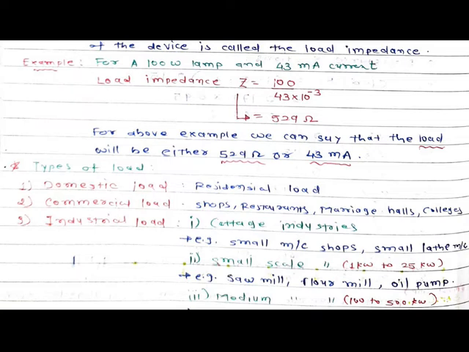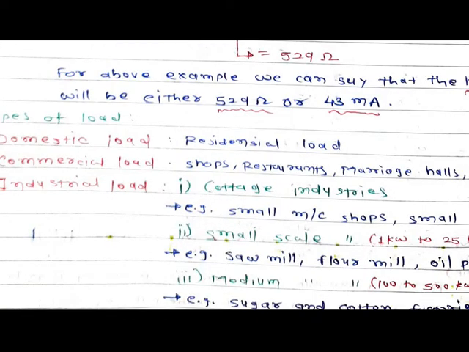Now for the medium scale industries, the range is 100 kilowatt to 500 kilowatt, and in medium scale industries, sugar factories, cotton factories are considered.